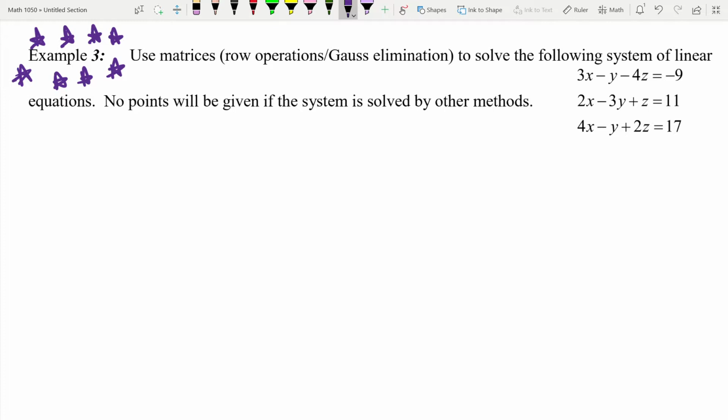Read the directions. Use matrices, row operations / Gauss elimination to solve the following system of linear equations. No points will be given if the system is solved by other methods. Like 2 years ago, 4 semesters ago, I got my final and this is what it looked like.